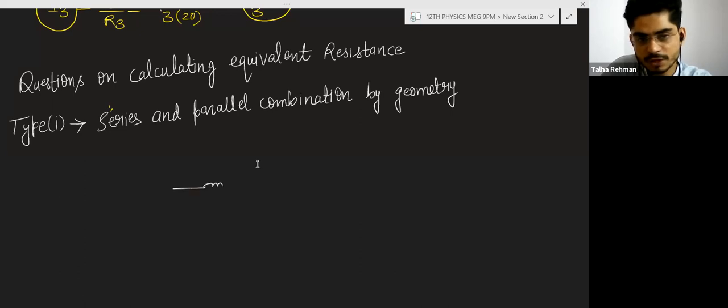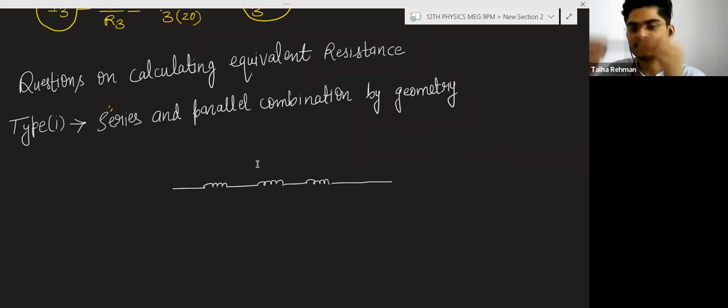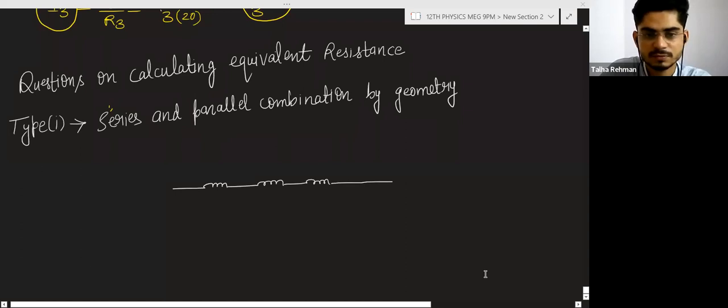I have told you earlier, if you have a single wire and you have connected one resistance here, one resistance here, and one resistance here, that is, on a single wire, that combination is known as the series combination.